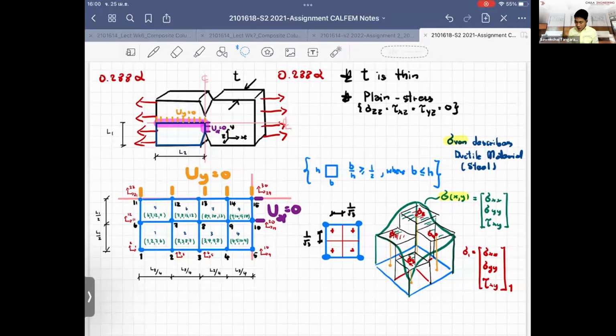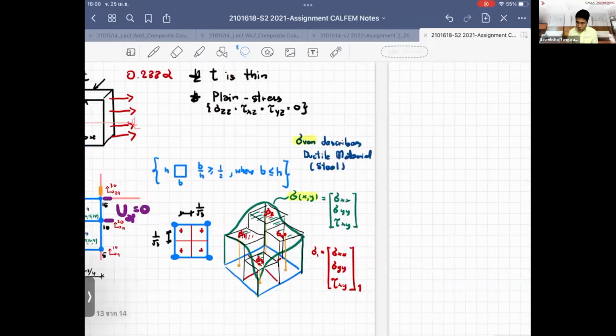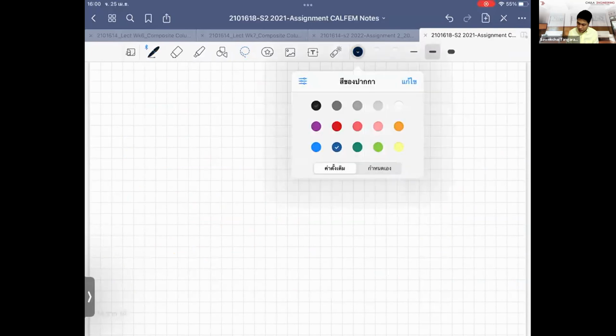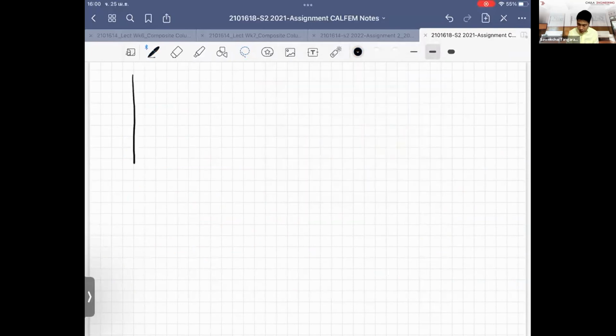So when we start, I can say something a bit more here if you want. Remember the concept of the Gauss quadrature. If you recall, we had very simple basic mathematics.